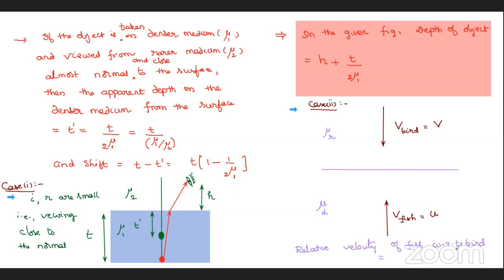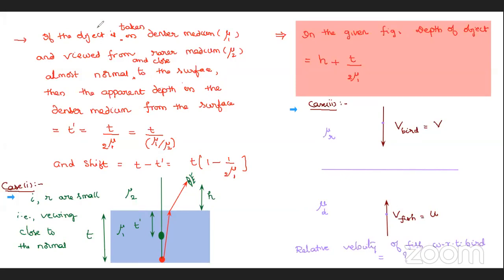Now how to calculate this relative velocity? Why don't you take at an instant the instantaneous height and depth? Means while coming down, at an instant the bird is here, and at that instant the fish is here.